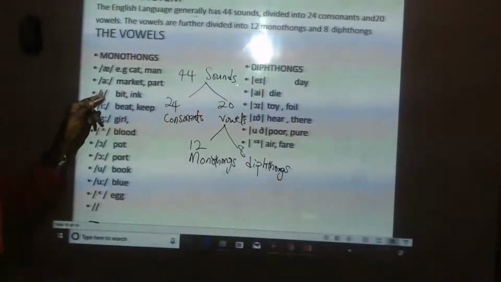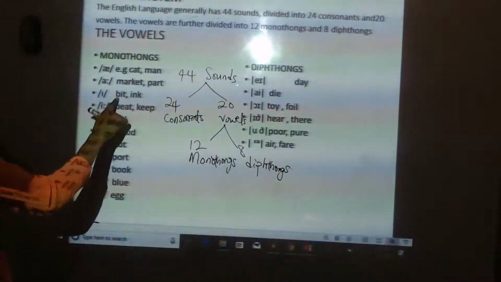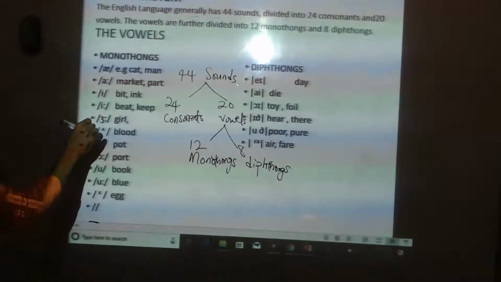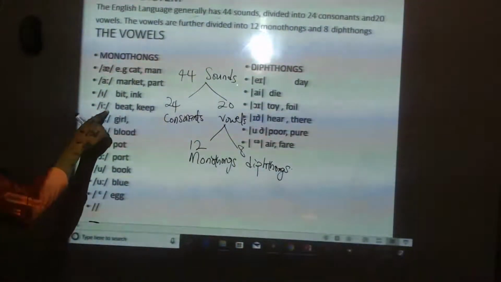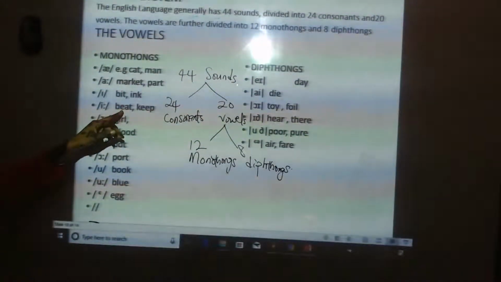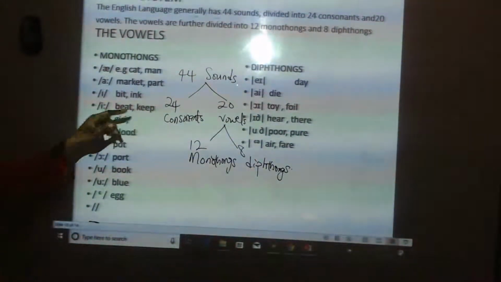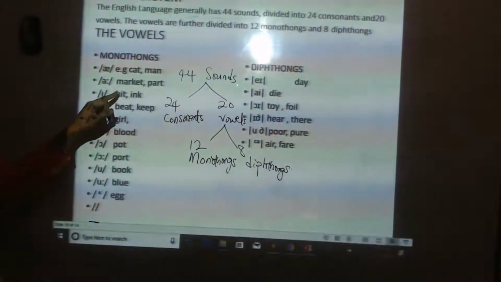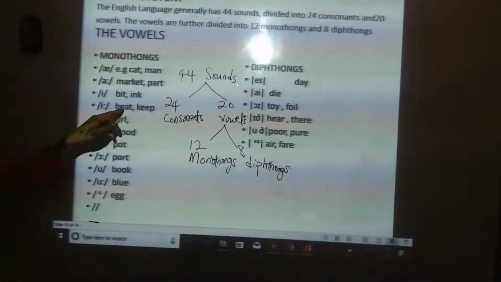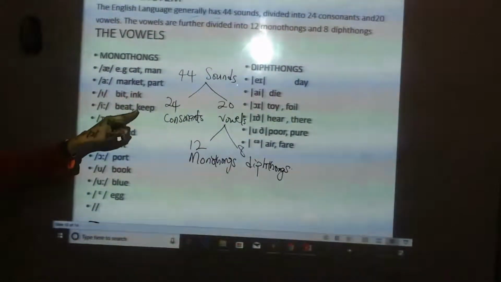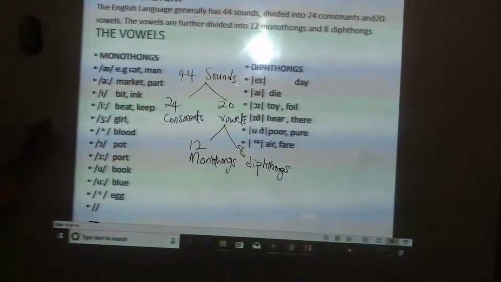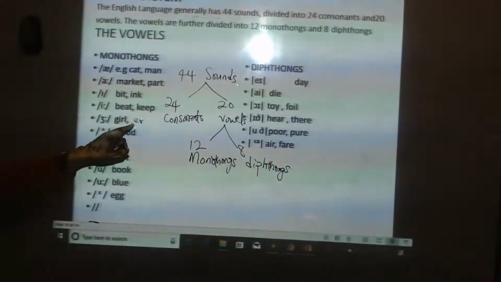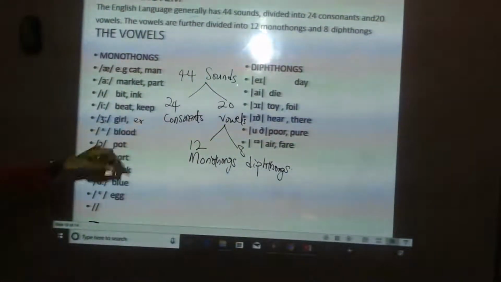The next, you have i, for example, we have here beat, ink. And we have e, for example, beads, keep. Here we have beat, take a beat, and here we have beads. Ink and keep. The next one we have the sound girl, sound, girl.